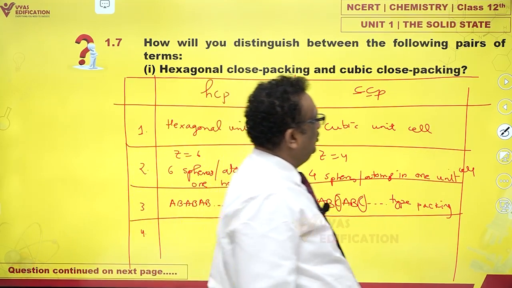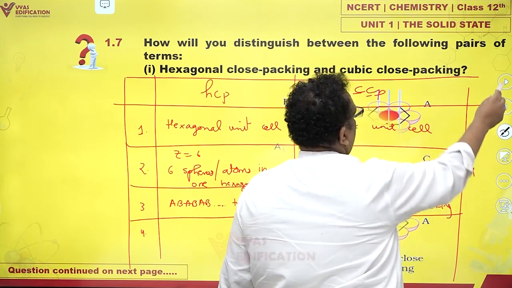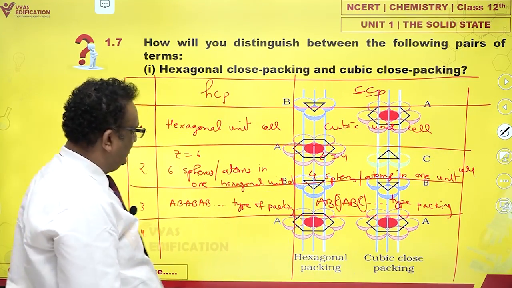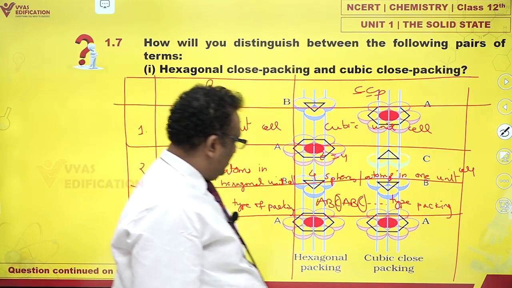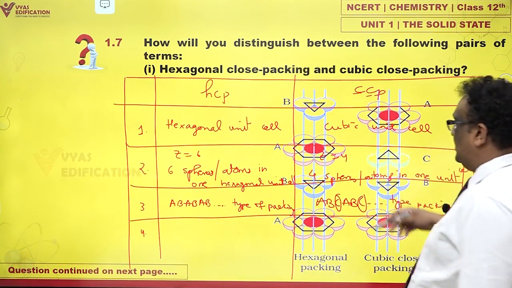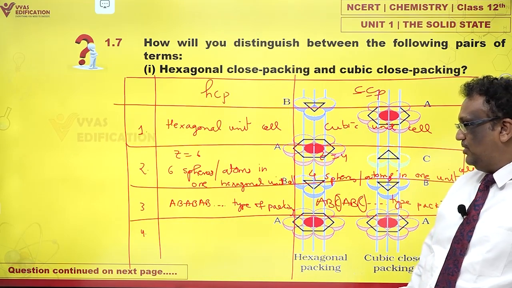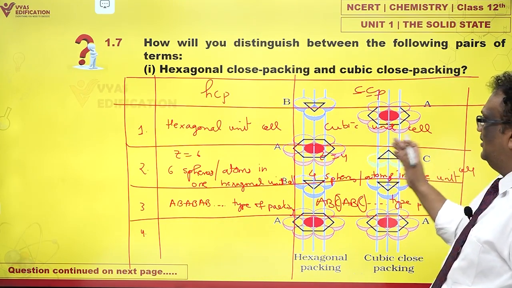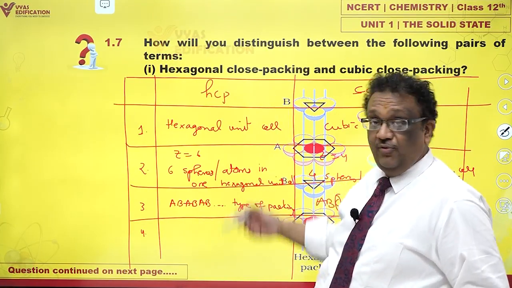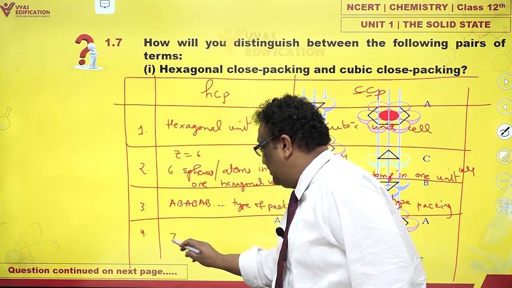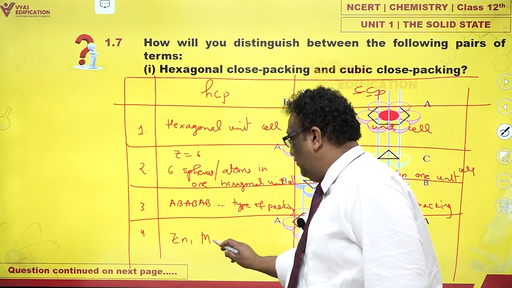I'll just show you. Look at the diagrams. This is a classical breakup of CCP structure, and this is a classical breakup of HCP structure. But since it's all a little messy, some examples can be given for HCP, like metallic zinc, metallic magnesium.